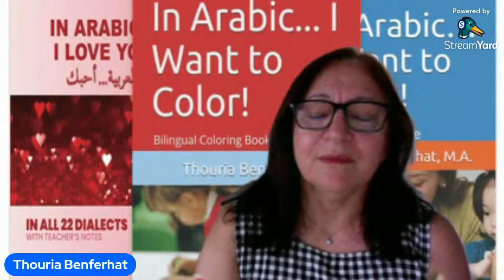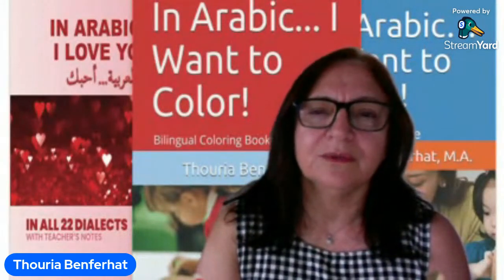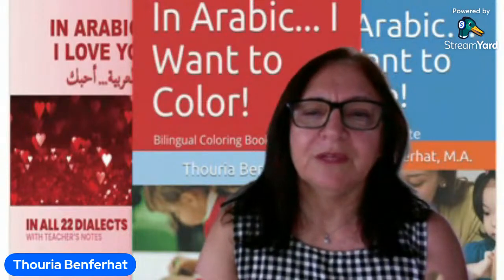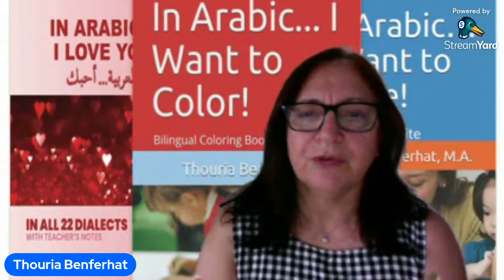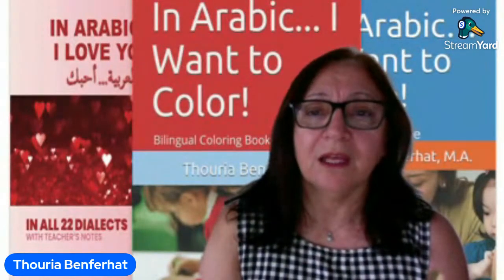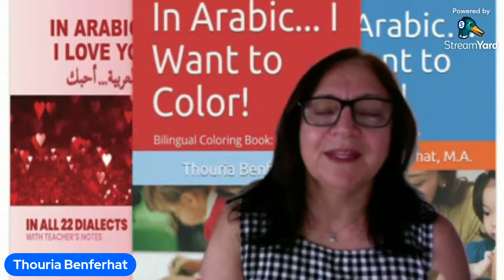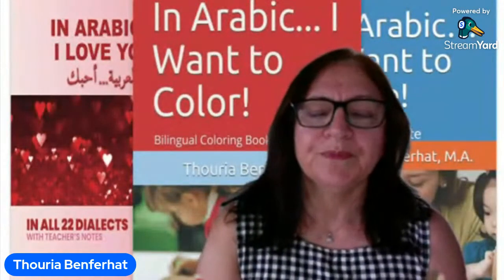What else? Arabic vowels, yes. So somebody asked how many vowels are there in Arabic. There are 3 short vowels and 3 long vowels. The short vowels are a, u, i, and long vowels are the same sound but longer.